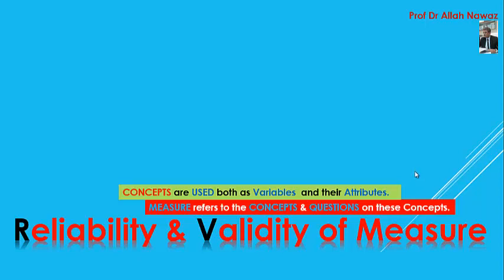Here it simply refers to the terminologies which are used as variables as well as their attributes, which are converted into questions. And all this happens only in that kind of social research where positivism is followed, which suggests to use statistical tools and techniques.